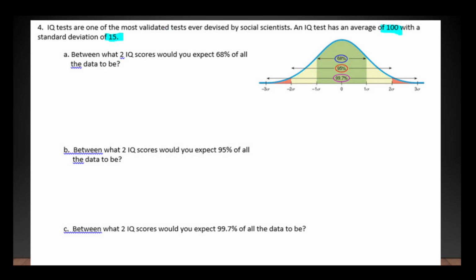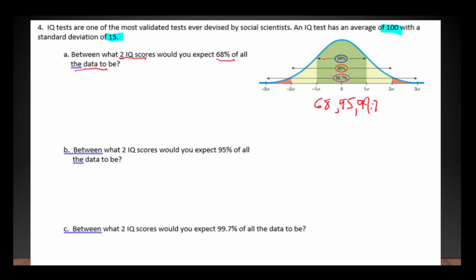Now what we're going to do is use this rule that we just talked about, the 68, 95, 99.7 rule, to answer these questions. The first question is, between what two IQ scores would you expect 68% of all the data to be?